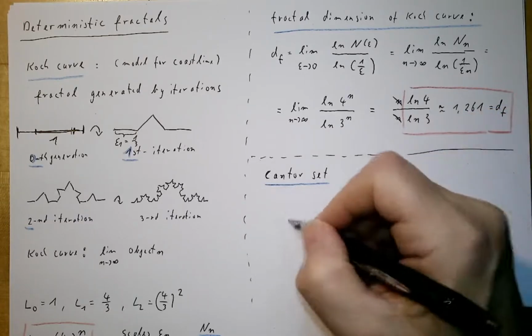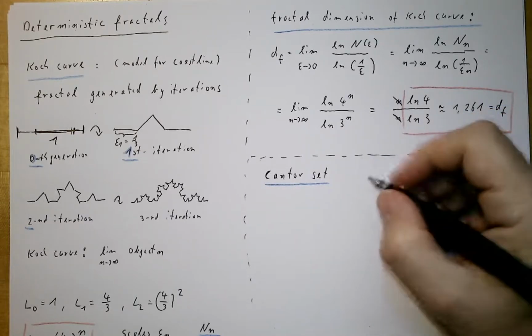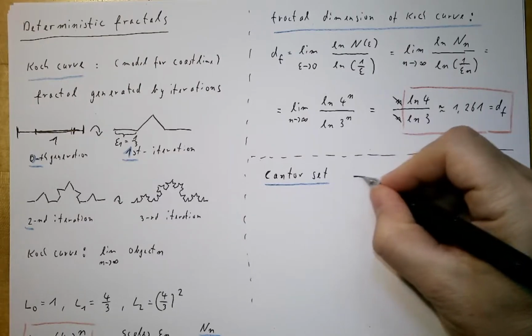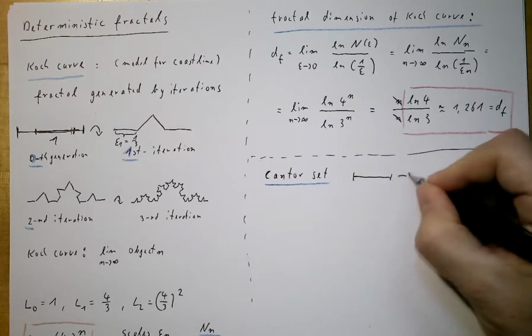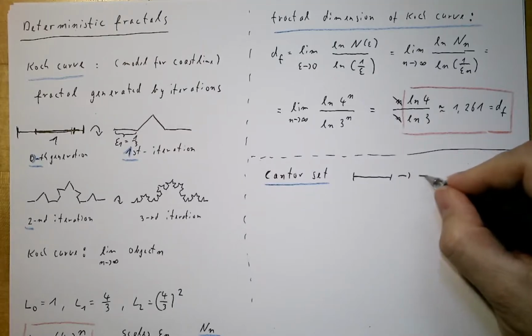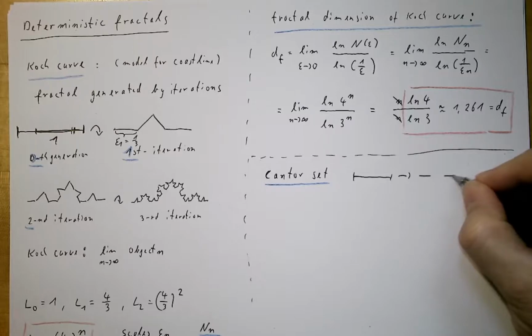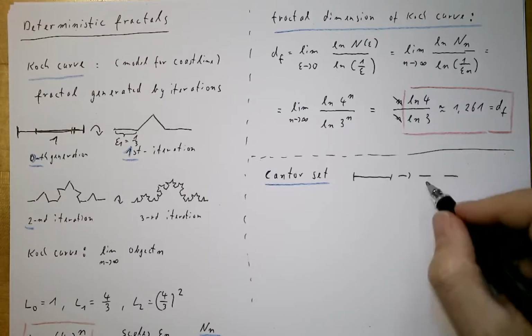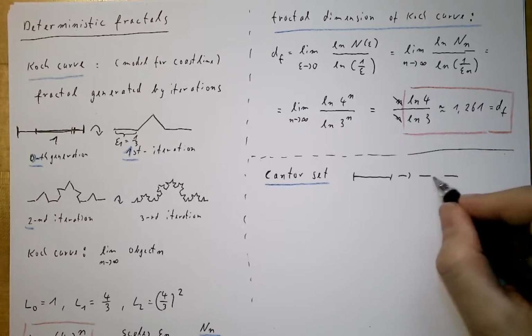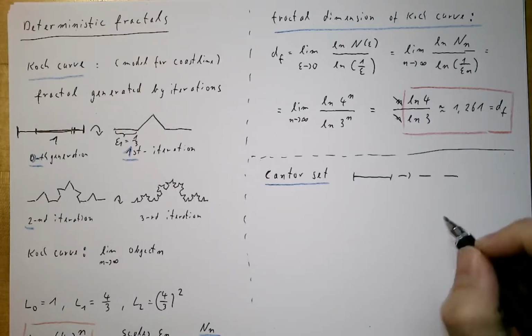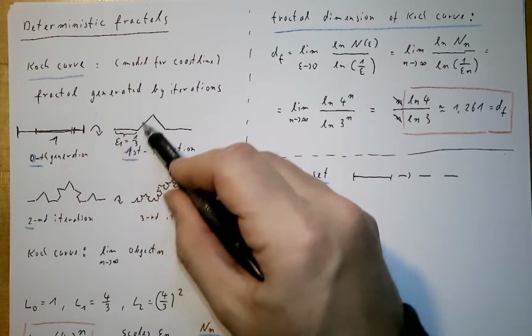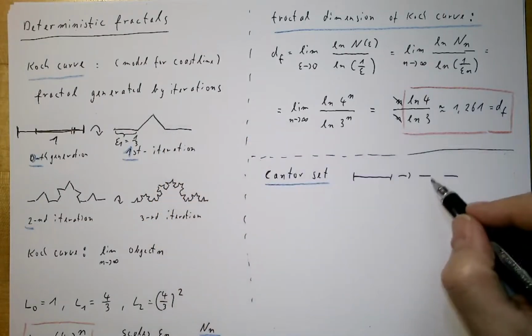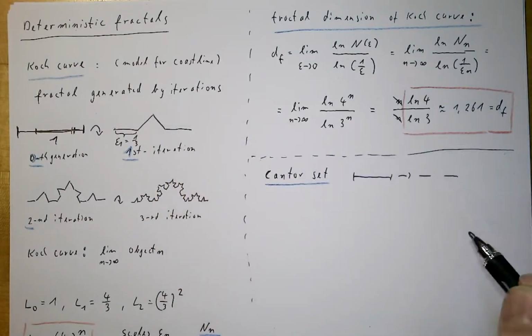And so how does the iteration go in this case? We start again with the same building block, this here. Then we divide this again in thirds, but now we take only 2 objects and we leave the middle one empty. So instead of plugging in these 2 lines so that we have a continuous curve, now we get 2 smaller line segments.